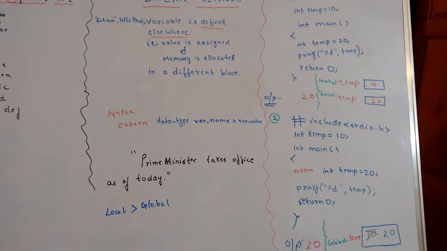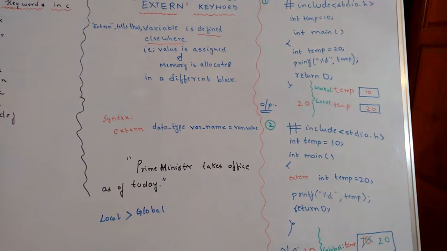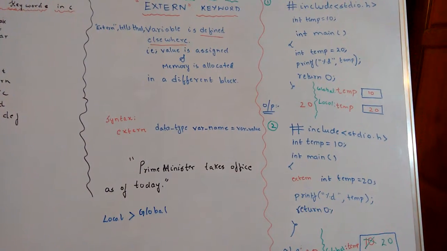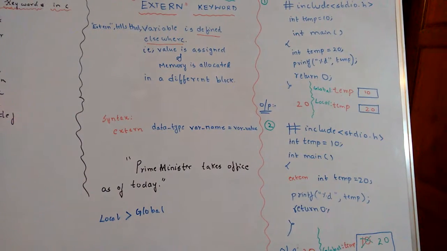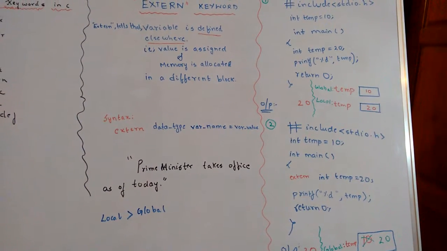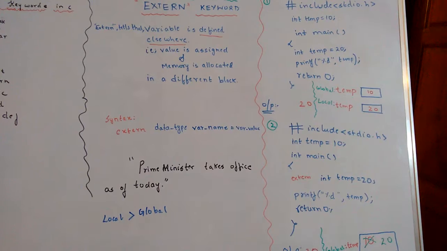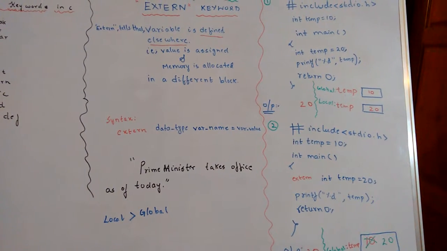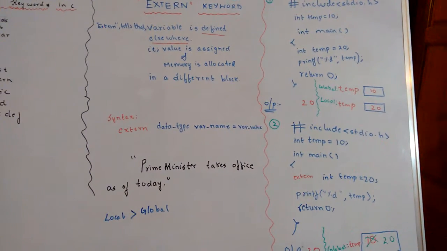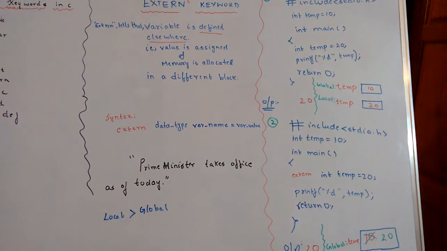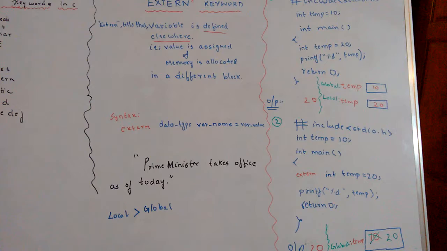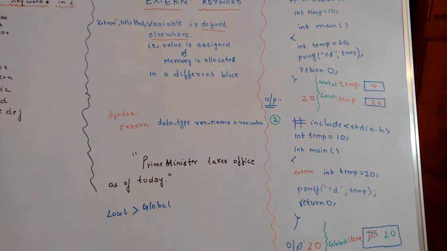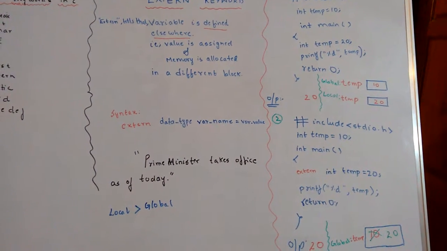I wouldn't think it's some other country's Prime Minister. What I'm trying to say is, I always think of the local Prime Minister when I am in doubt. I will not think of the global Prime Minister. In other words, local always gets a higher priority when compared to global. This is a crude example, but it holds good in all situations.